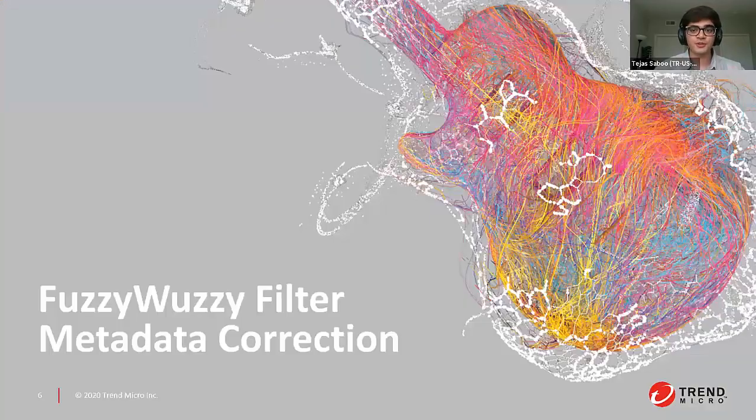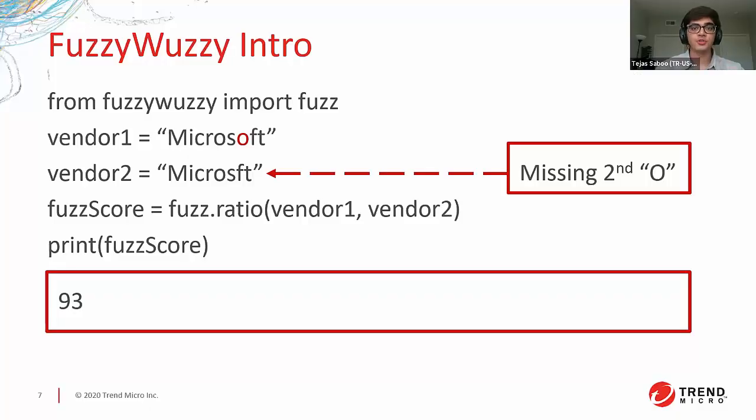So now for the cool stuff, the demo. FuzzyWuzzy filter metadata correction was part of a mini project that evolved out of my project. When I was looking through all the filter metadata, specifically the product reference tags and the vendor reference tags, I noticed that a lot of them had very similar duplicates. They'd be off by a couple letters and have some versioning, and there were a lot of typos as well.